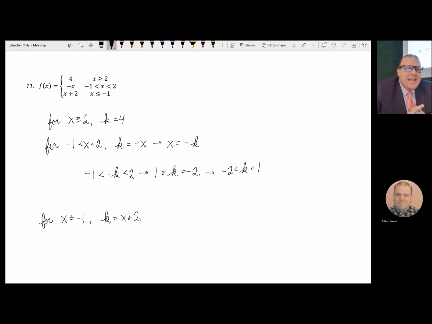When x is less than or equal to -1, the function spits out x plus 2, right? So k would be x plus 2. That means x is k minus 2. Now you do the same thing. Replace x with k minus 2 in your inequality.